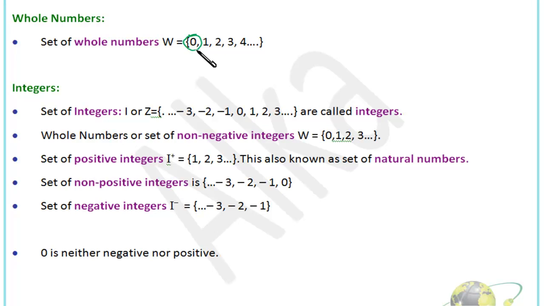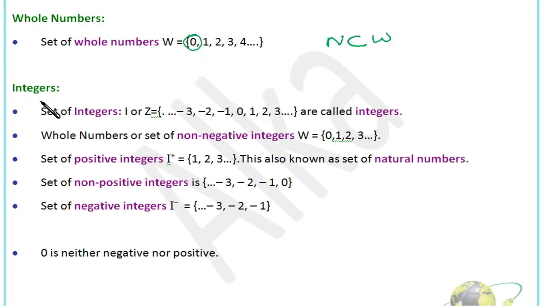It is an element that is part of whole numbers, but it is not a part of natural numbers. So we can very well say that the set of natural numbers is a subset of whole numbers. That means all the elements of natural numbers are there in the set of whole numbers, and in the set of whole numbers, we have one extra element, that is 0.